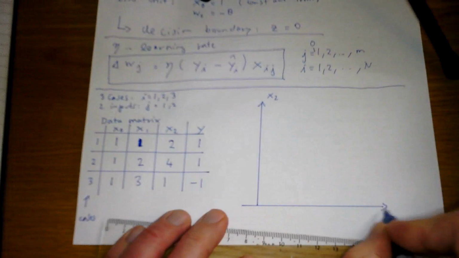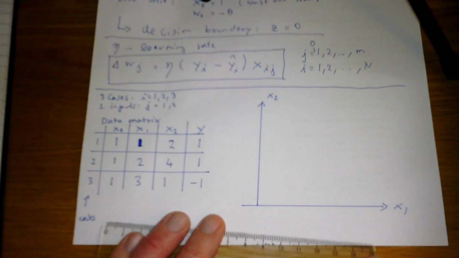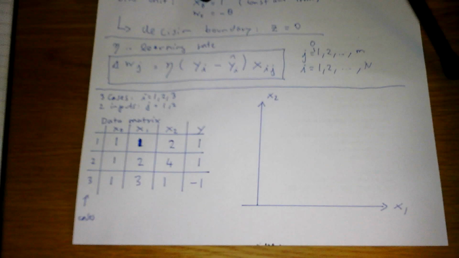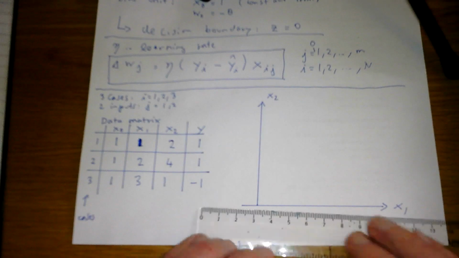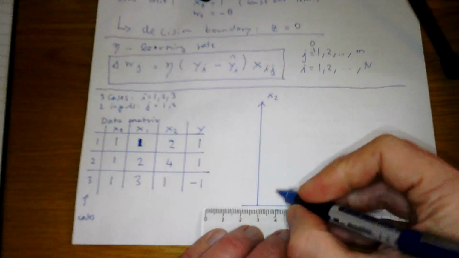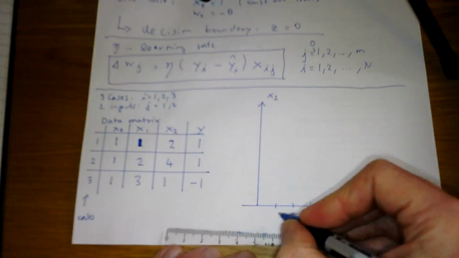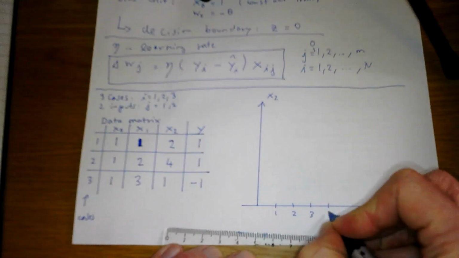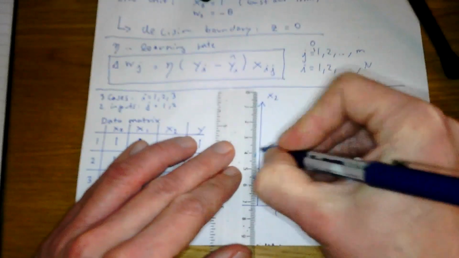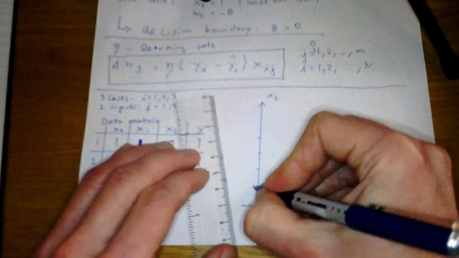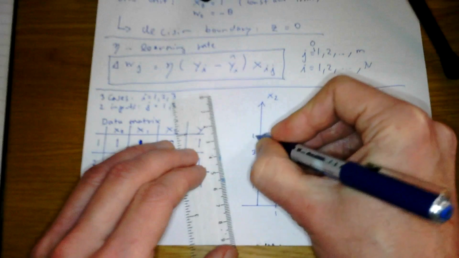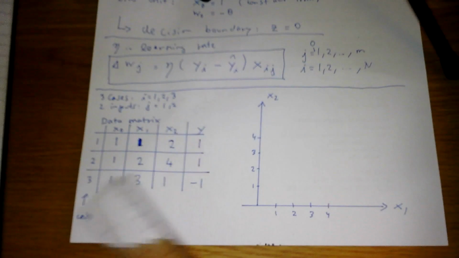Okay, so we do this now for x1 and x2, and we go up to 4: 1, 2, 3, 4 here, and up here by 4 as well. Then we just simply plot our data.